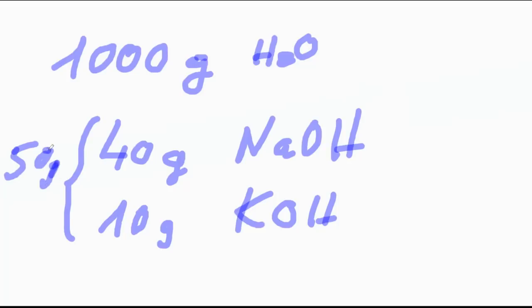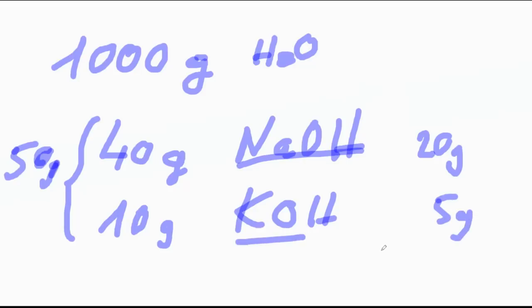So there's no need always for too strong a solution. I saw people that put 10 times more, so they had half by weight caustic and half water. There's no need to waste so much caustic. You can go for 20 grams of sodium hydroxide and just 5 grams of potassium hydroxide.